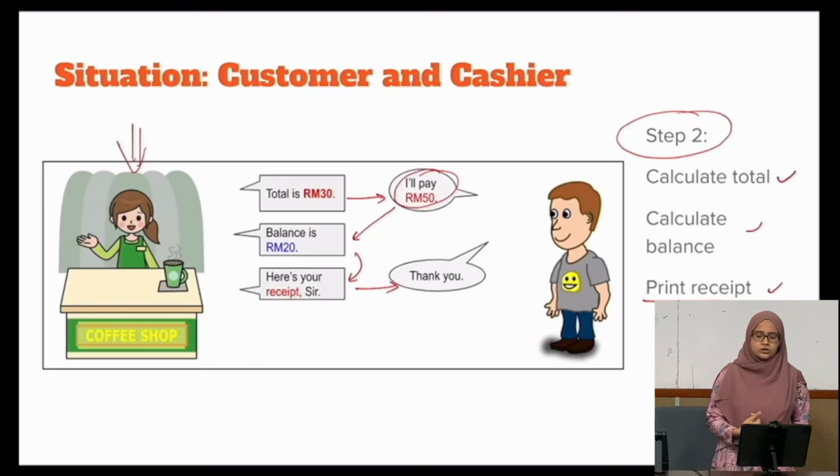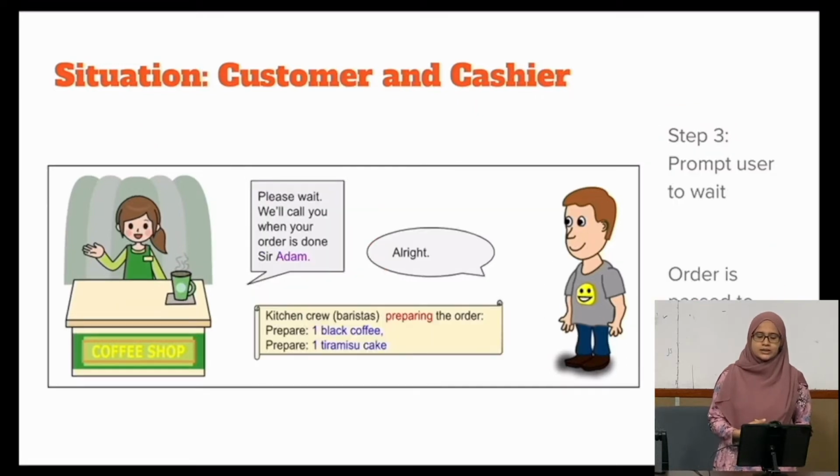Right, next on to the third step. Okay, so in this step, still the conversation between the customer and the cashier. So the cashier said, "Please wait. We'll call you when your order is done, Sir Adam." Okay, and then the customer says patiently, "All right." Meanwhile, in this case, the kitchen crew, which is the baristas, will have to prepare the order.